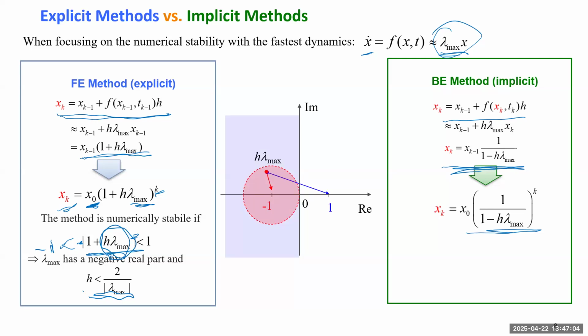We want everything in these parentheses to have magnitude less than 1. We only need to make this stay within that circle, okay? And here, we know if lambda has a negative real part, we can always prove this will have magnitude less than 1.